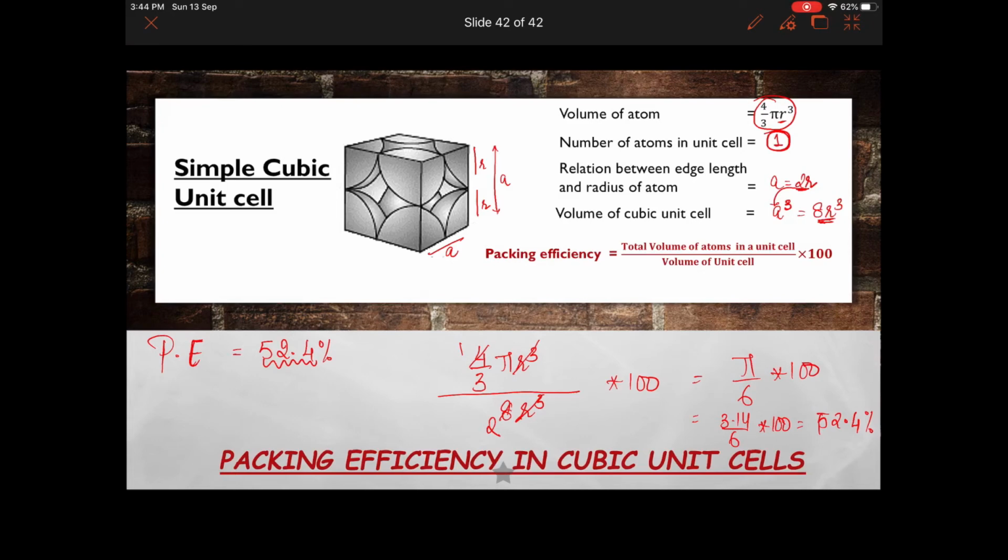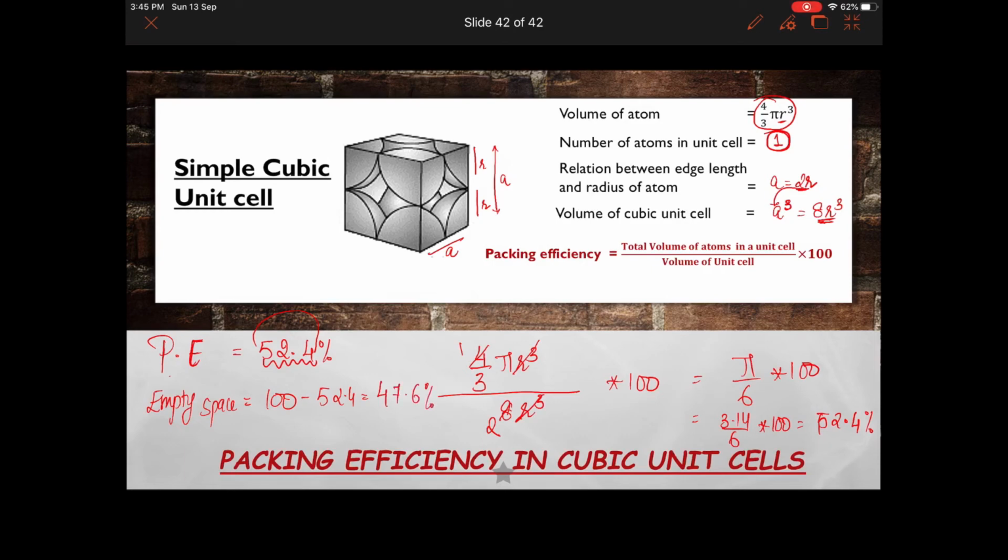And very importantly, sometimes to confuse you, they might ask you how much empty space is left in simple square close packing. So वहाँ पर बच्चे 52.4 लिख के आ जाते हैं. गलत.